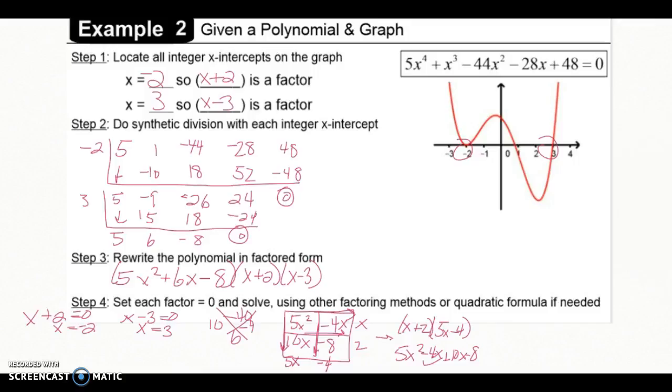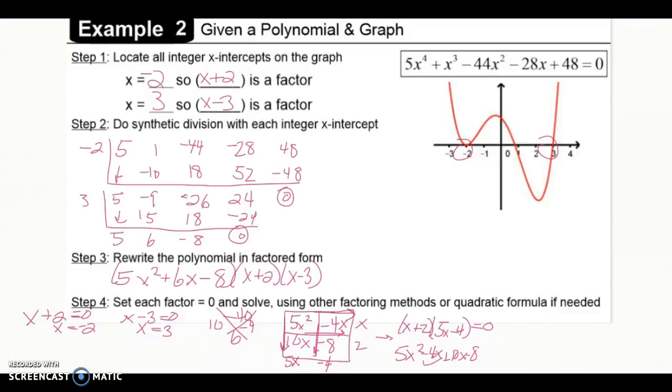If that's the case, we can set each of these two factors equal to 0. We already did the x plus 2 over here. That's a repeat factor, which makes sense because of how this kind of bounces off at this negative 2. We didn't get into that, but we will soon. What happens when you repeat a factor of a polynomial?